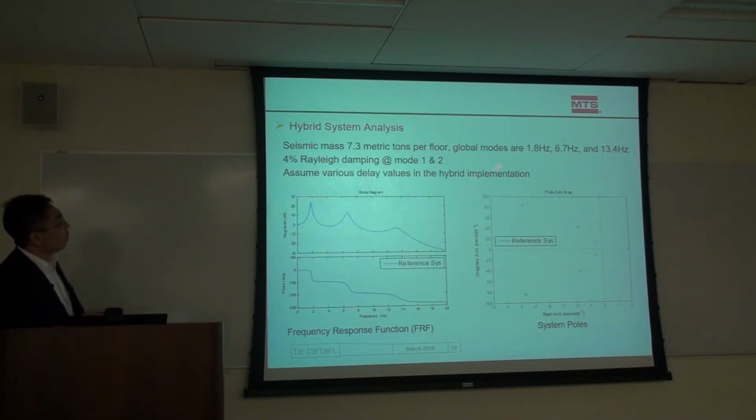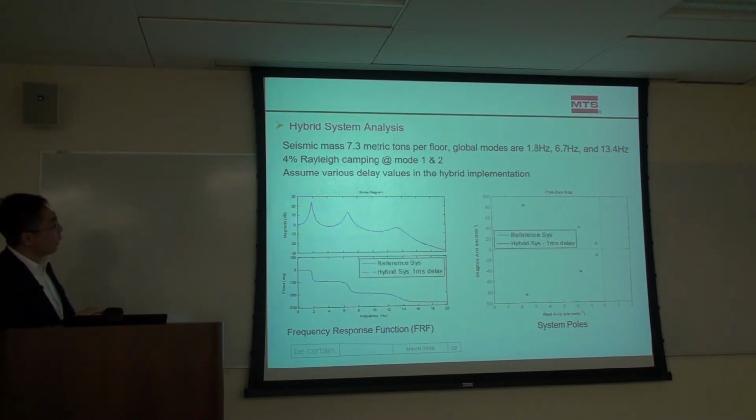For example, those are the 3 modes of this system again, the reference structure. If I inject 1 millisecond of delay, yes, it looks nearly identical. This 1 millisecond delay played a very minor role in my hybrid system. Even if I go up to 10 milliseconds, you see some negative damping, but in general it keeps up with the reference response.